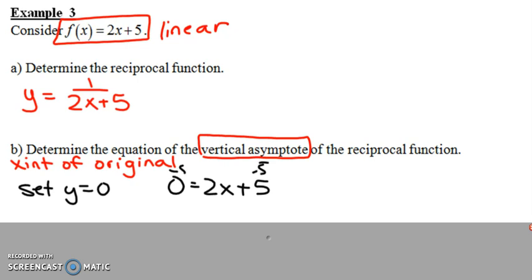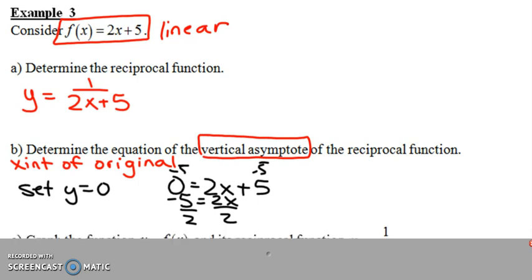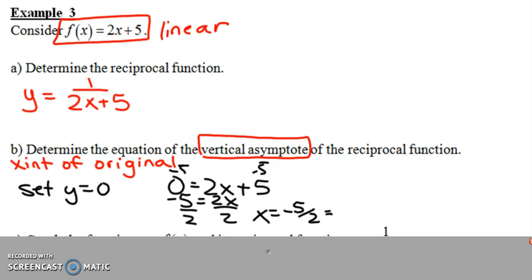Subtract the 5 over, so we get minus 5 equals 2x. Divide by the 2. So that means that x equals negative 5 over 2, which is negative 2.5. So at negative 2.5 is where the x-intercept of the original equation is.